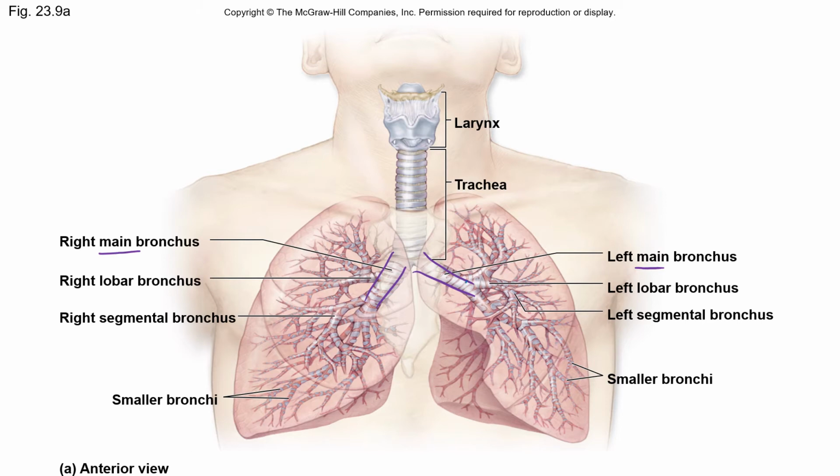Those each split into lobar bronchi, and then those split further into segmental bronchi, and there are actually a certain number of bronchopulmonary segments that are defined by the branching of the segmental bronchi.